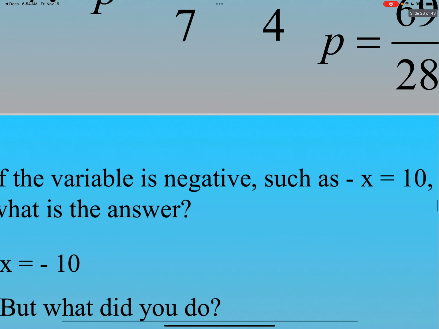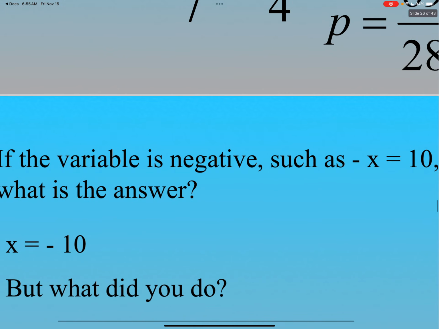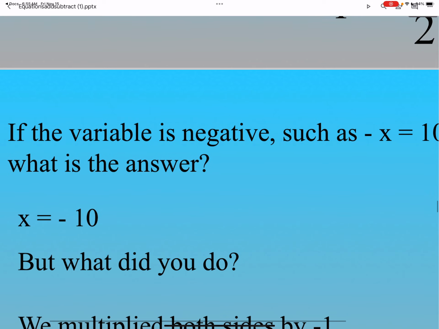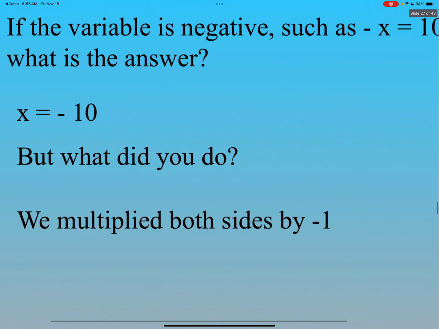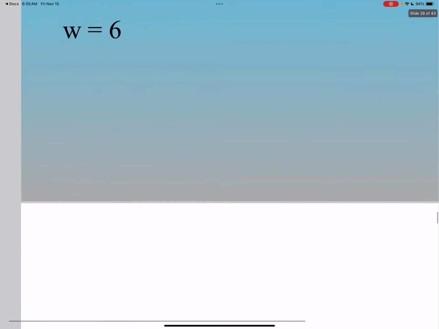So minus x is equal to 10 really became x is equal to minus 10. You simply reversed the negative into a positive. Whatever I did on one side, I do to the other. The 10 was positive, now becomes negative. In mathematical language, you just multiplied both sides by minus 1.